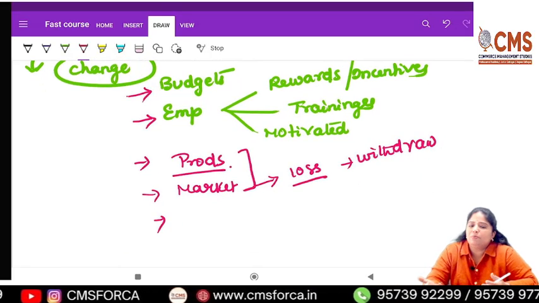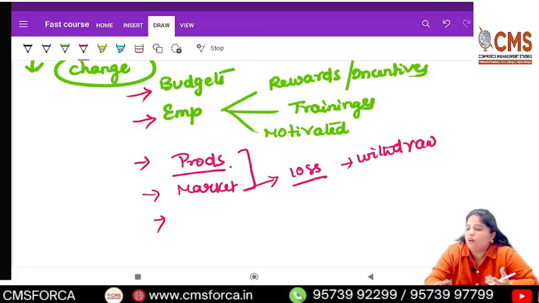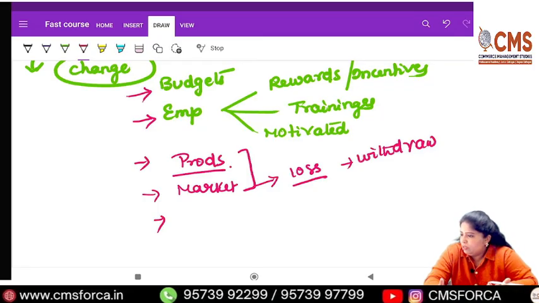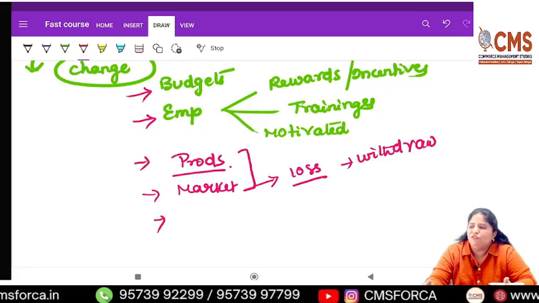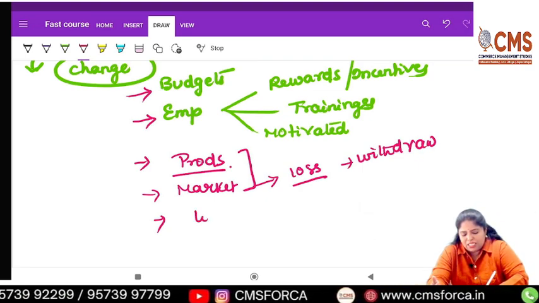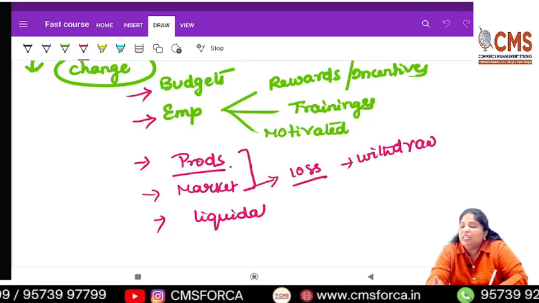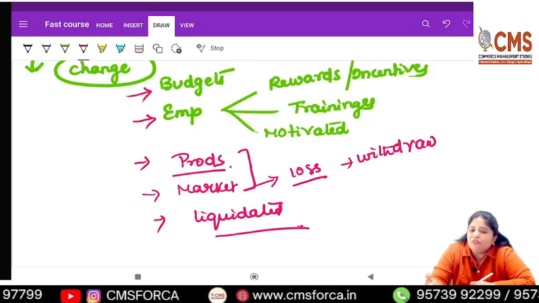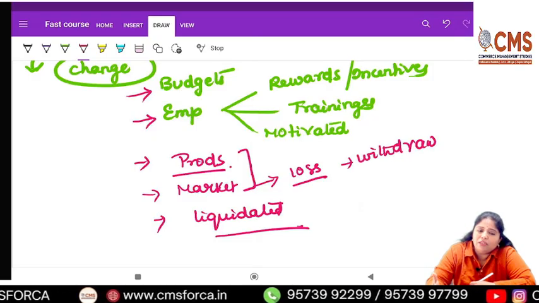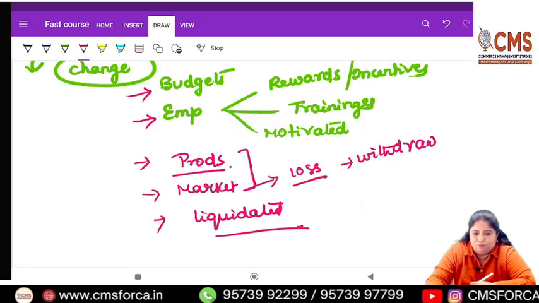Now there must be some assets which they are not using anymore, so they are very close to disposal. Those are assets of very little value or no value to the organization. Such assets can be easily liquidated. Now, when you liquidate such assets, you are going to create immediate cash flow.